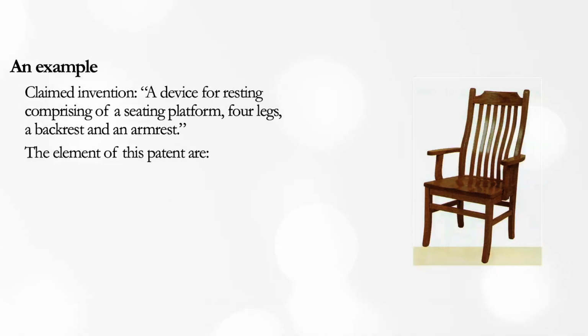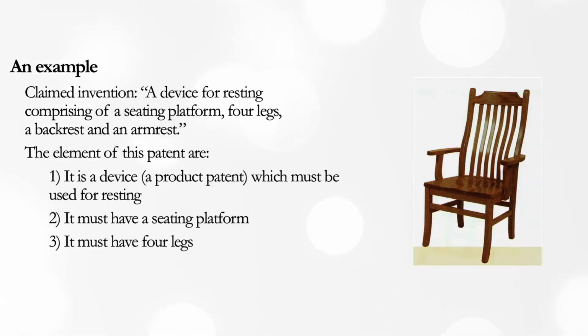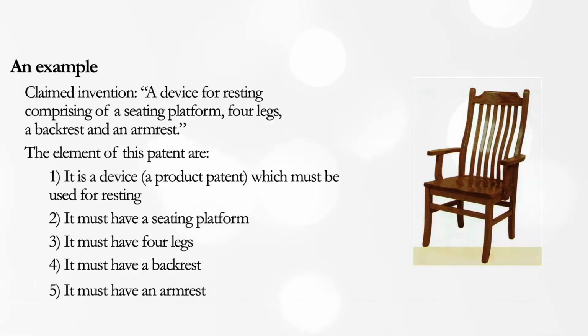The elements of this patent would be a device which must be used for resting. This means that it is a product patent. It must have a seating platform, it must have 4 legs, and it must have a backrest. It also lastly must have an armrest.